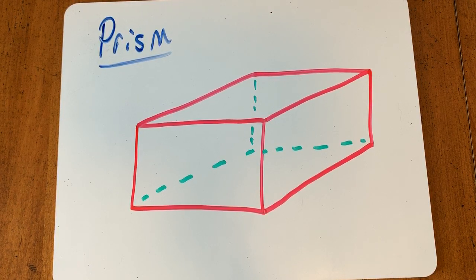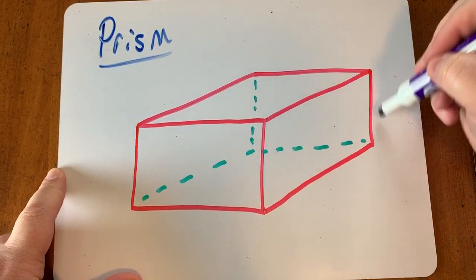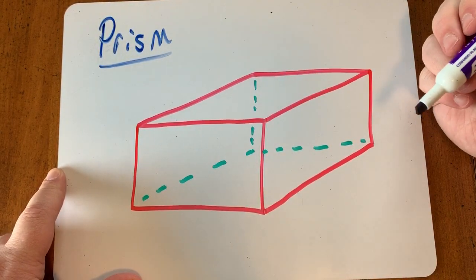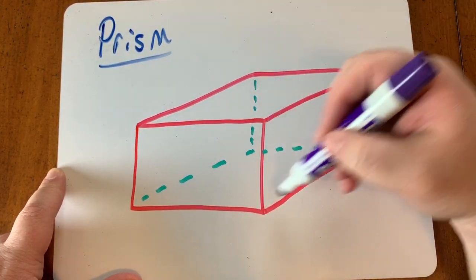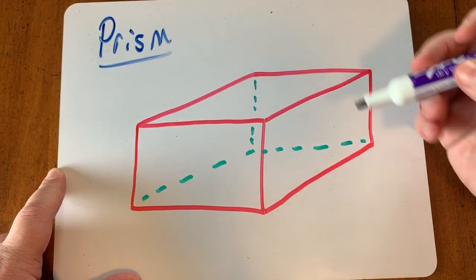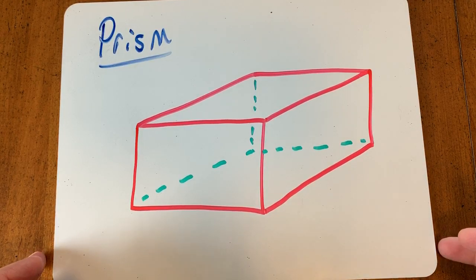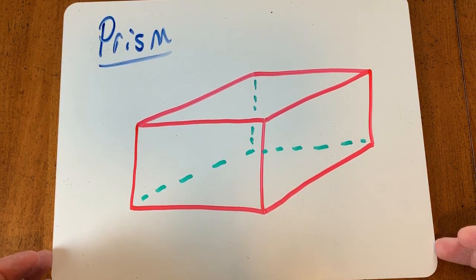Now, what's special about a rectangular prism is that any pair of sides can be the bases, because this front and the back, they're congruent rectangles and they're parallel. This top and that bottom, they're congruent rectangles and they're parallel. This left and right side, they're congruent rectangles and they're parallel. So any pair of opposite sides can be the bases.